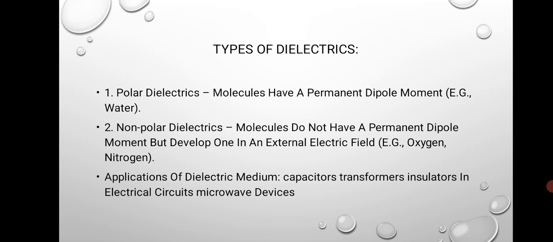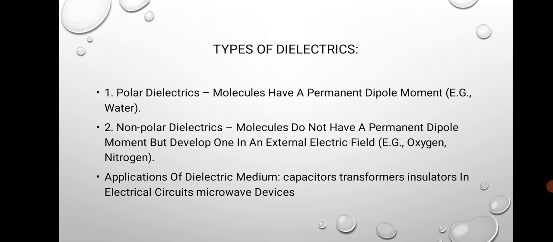Our next point is types of dielectrics. First type is polar dielectrics and second type is non-polar dielectrics. In polar dielectrics, molecules have a permanent dipole moment. An example is water.